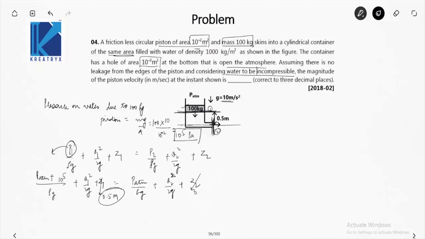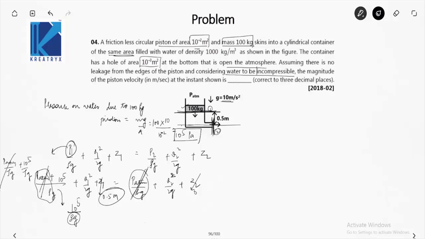Great. And you can see from this equation that this P-ATM by rho g gets cancelled out by this P-ATM by rho g. Do not forget to write 10 raised to the power 5 by rho g in the next equation. Do not forget this rho g if you are cancelling it here only.